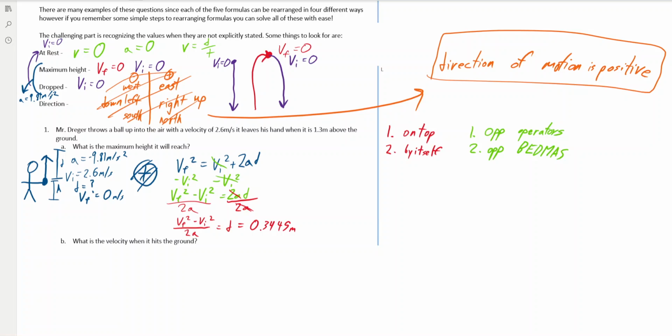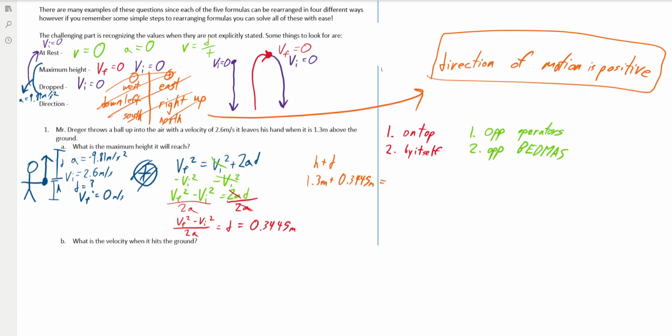Okay, so if we stop there, we're really close, we're not quite done because we have to add the h back. So h plus d, right? So h is the 1.3 meters plus d, which is 0.3445 meters.